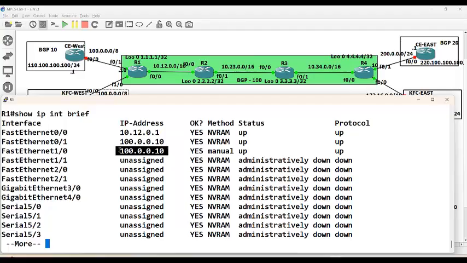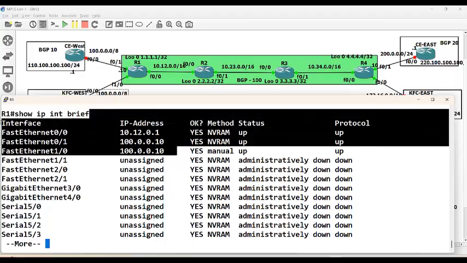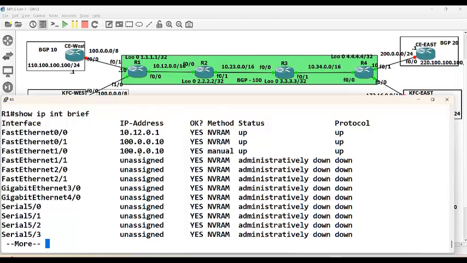How can it have the same IP address? And only those who have VRF knowledge will understand, oh, I think these guys are having VRF in this router. When you see this command show IP interface brief, and when you find two IP addresses the same, you can clearly say that VRF is enabled on this router. And this interface belongs to one control plane. This interface belongs to another control plane.